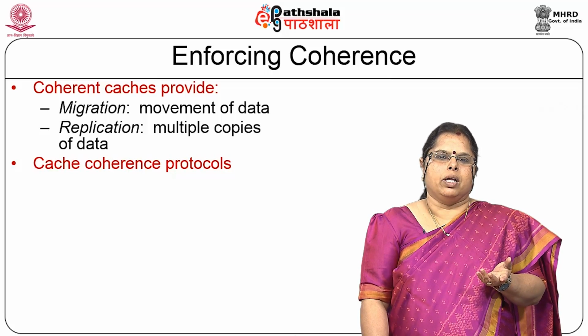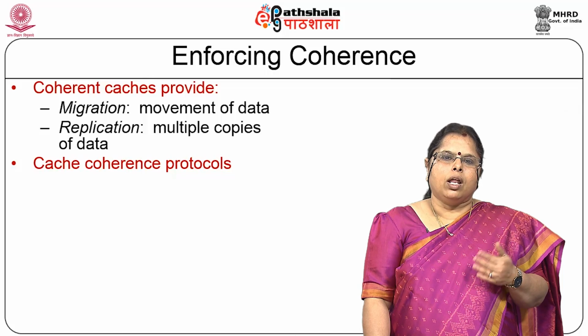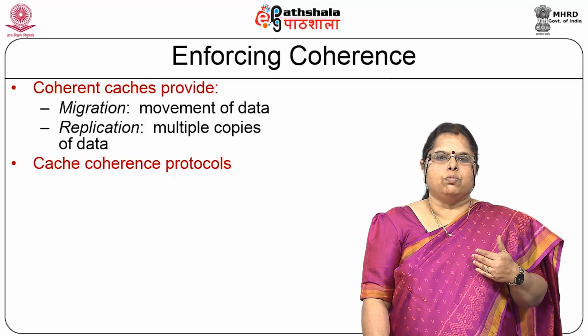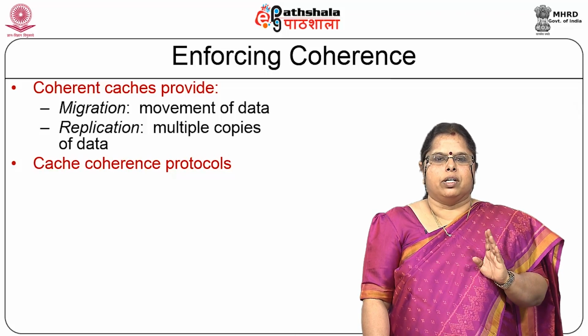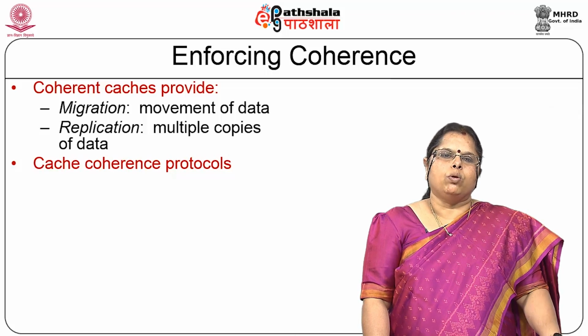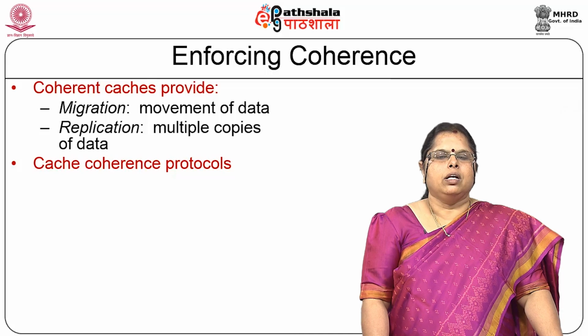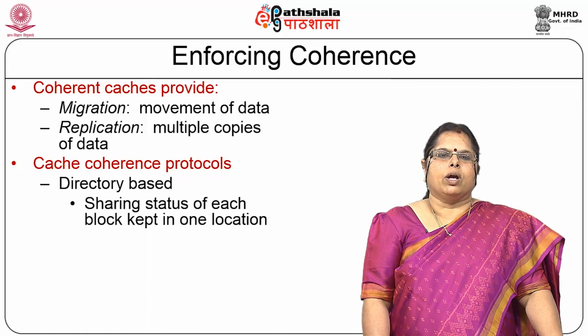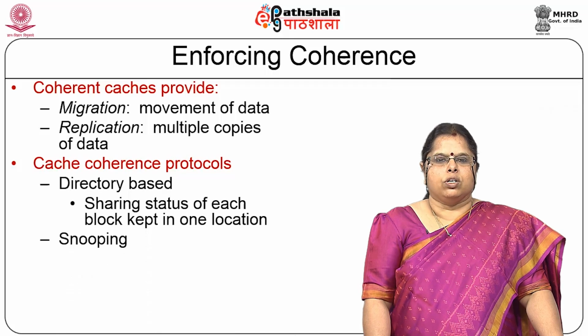That is called migration of data. You also allow replication of data, which means multiple copies of the same data can be available in different caches. And because you support migration and replication of data, you will definitely have the cache coherence problem, and we will have to look at ways of handling it.